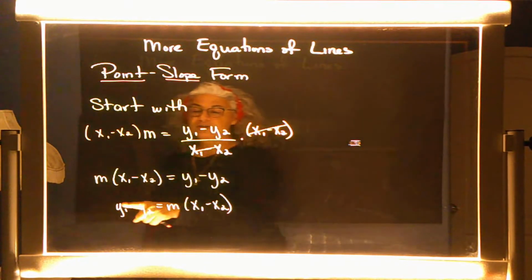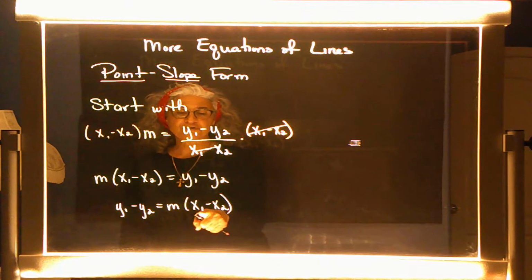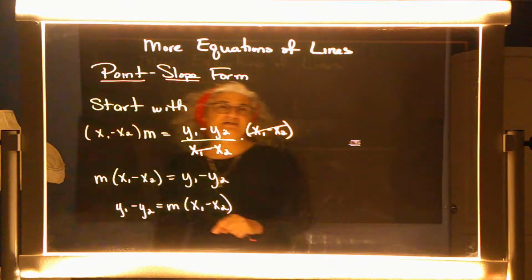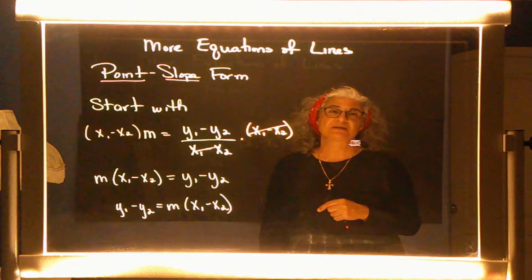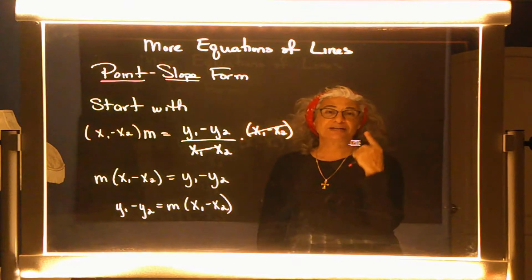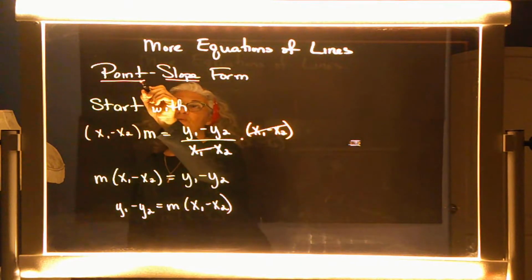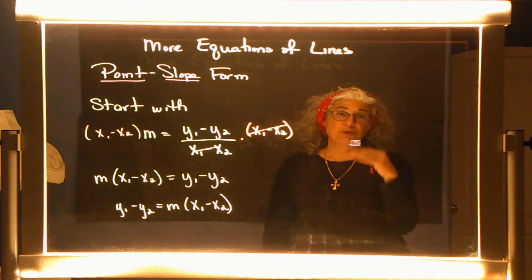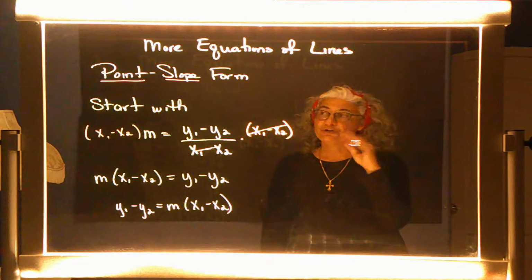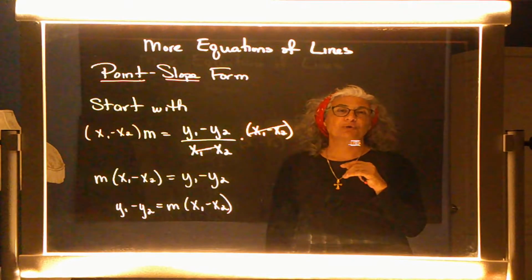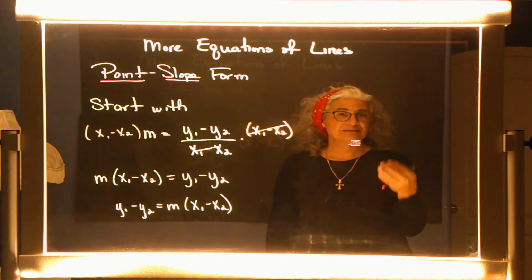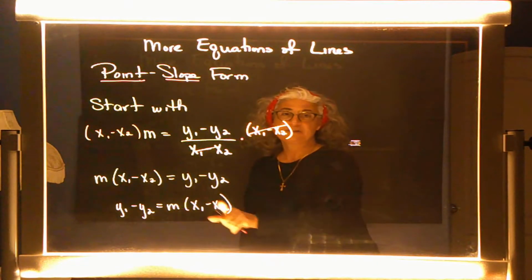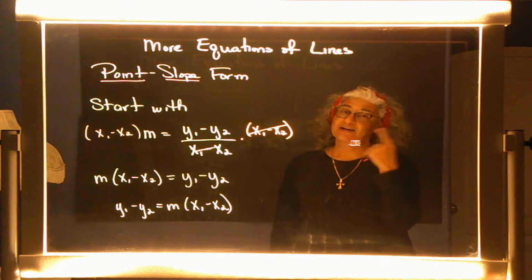Now, in our result so far, I have a y1 and y2 and an x1 and x2, which implies there's 2 points. I don't want 2 points, I want a single point because this word point is singular. There's no s at the end to say points. There's no s, which means it's singular. So I need a point and a slope. I already got the slope, m, so we're good. But I need to get rid of one of these points so that I just have one.